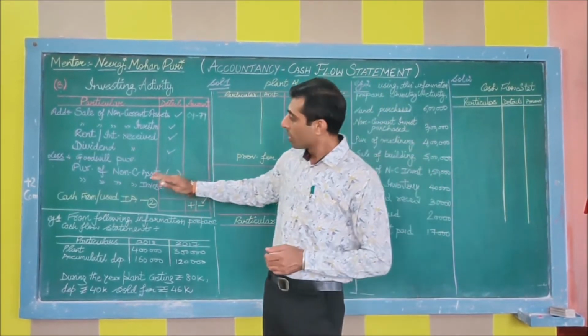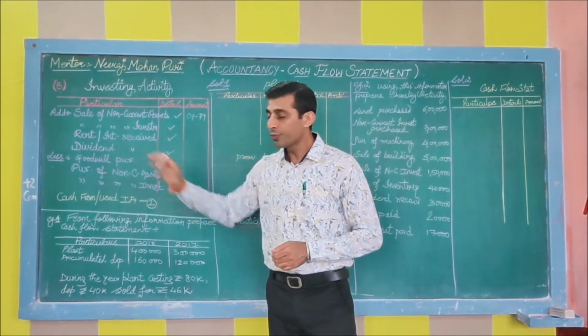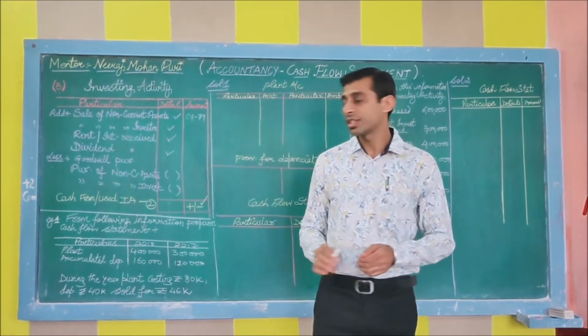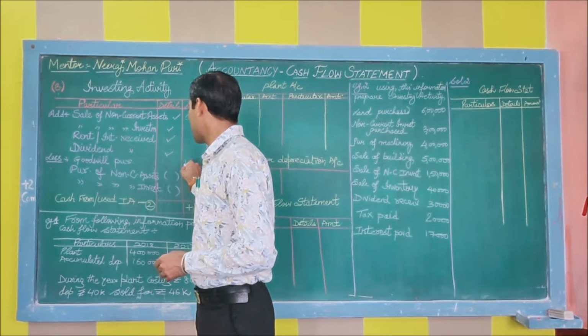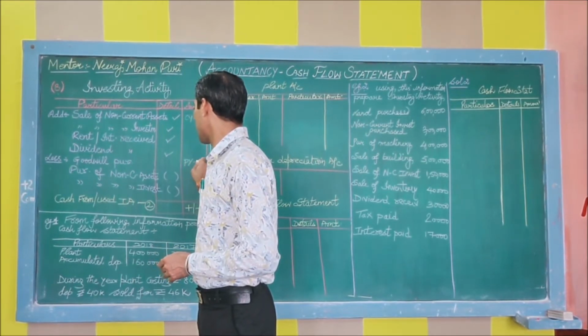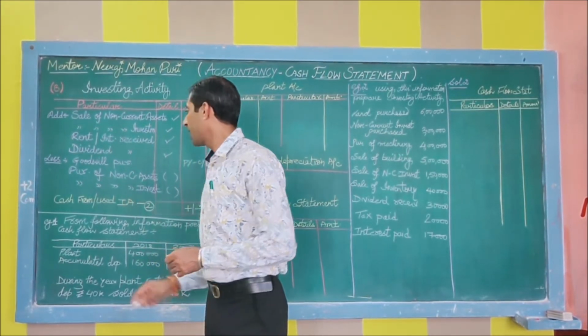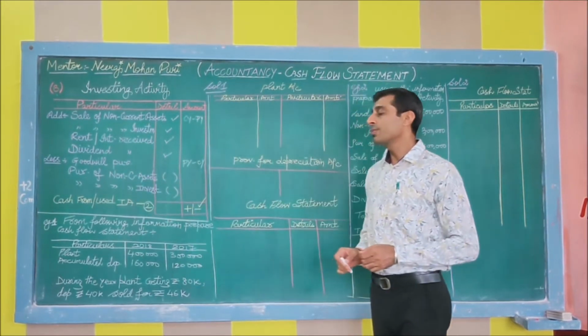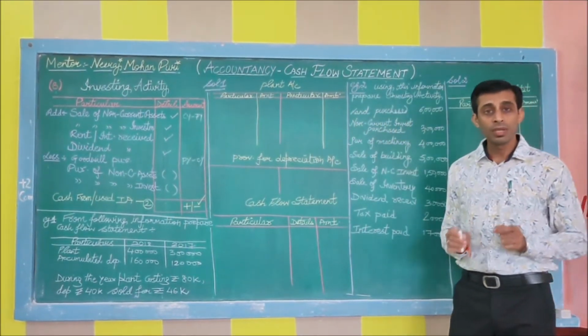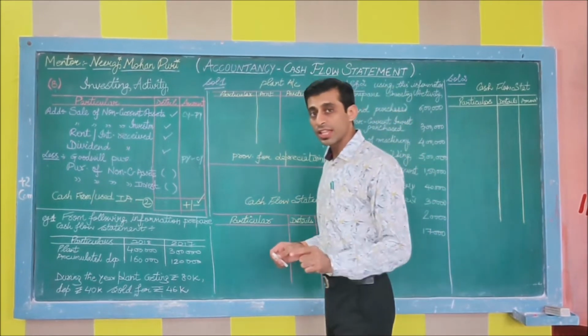Contrary to it, if goodwill is purchased, for goodwill we always apply the formula previous year minus current year, and if this answer comes negative, that means goodwill is purchased.